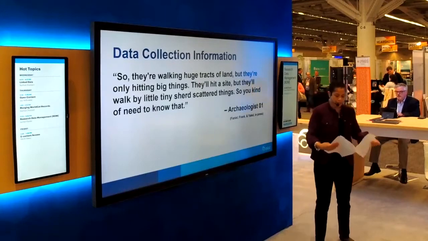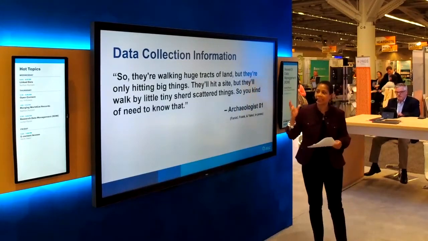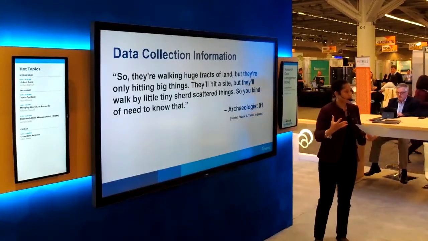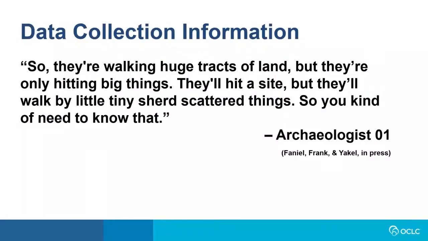So I thought I'd talk a little bit about the different kinds of information, just to give you a sense of what they're really saying when they talk about this information. Researchers interested in data collection information also often wanted information about the study procedures.